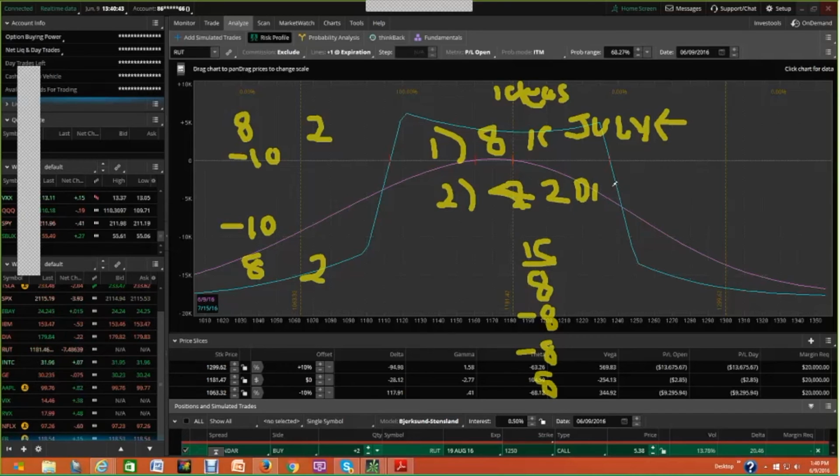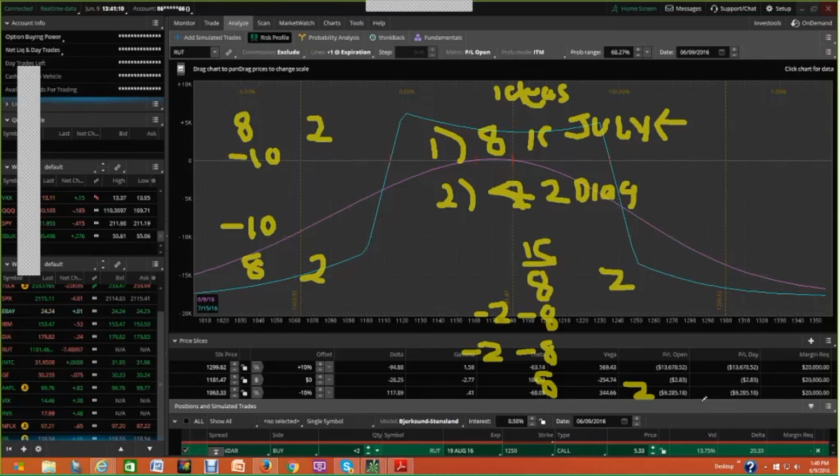I will. So the first diagonal would be, I put in one order to buy 2 of your August and sell 2 of these July here in the calls, right? And then when I'm done with that, buy 2 of the August puts and sell 2 here, right?